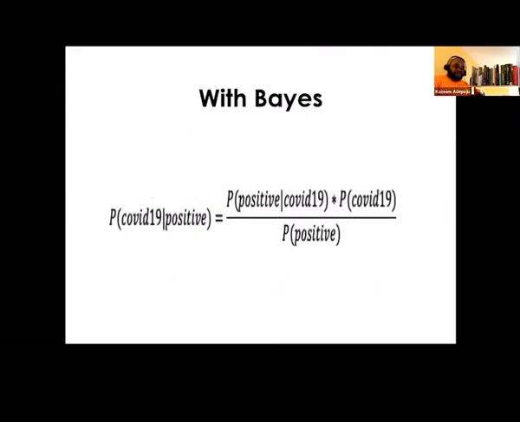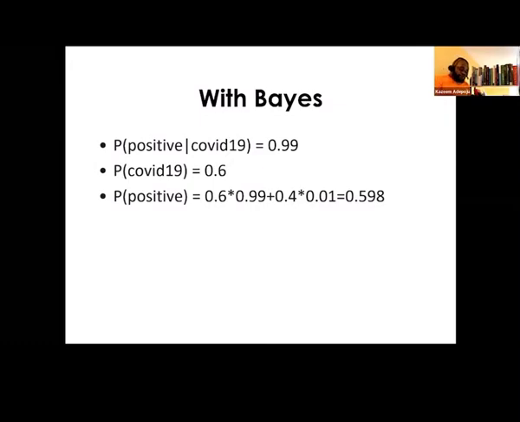Now take a look at what I have right now, and that is why I'm calling this the probability of the positive given COVID-19. The COVID-19 is present already. What is the probability that the machine will correctly identify the patient? This is likelihood.